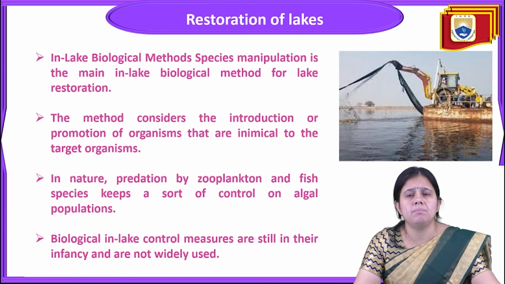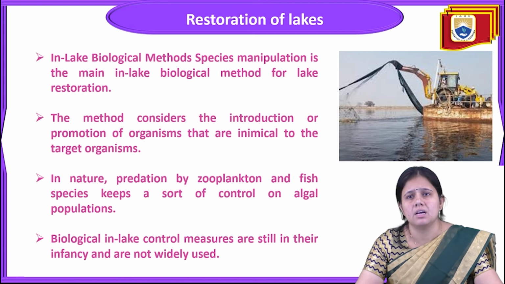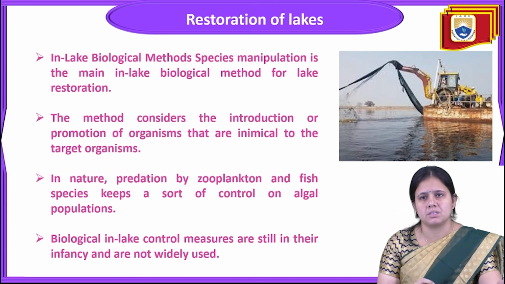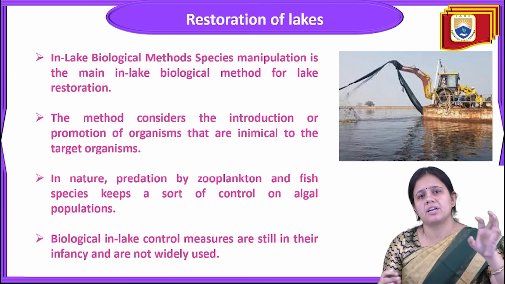Next, among in-lake biological methods, species manipulation is the main one for lake restoration. This method is considered the introduction or promotion of organisms that are inimical to the target organism, so any new species added will be an enemy to the target organism.